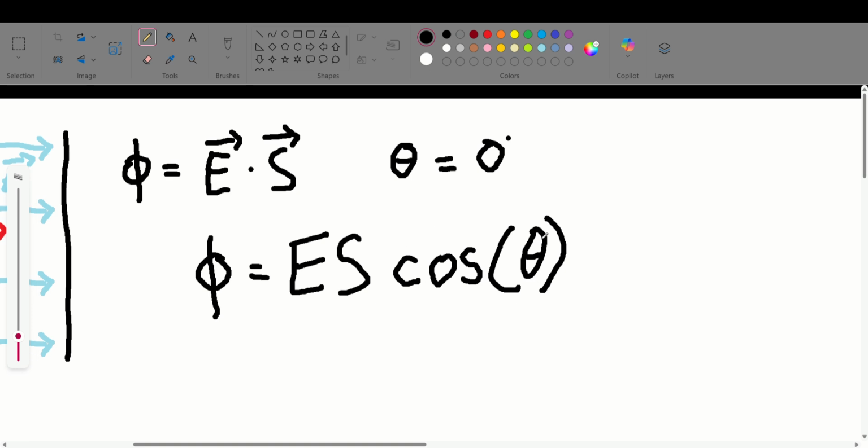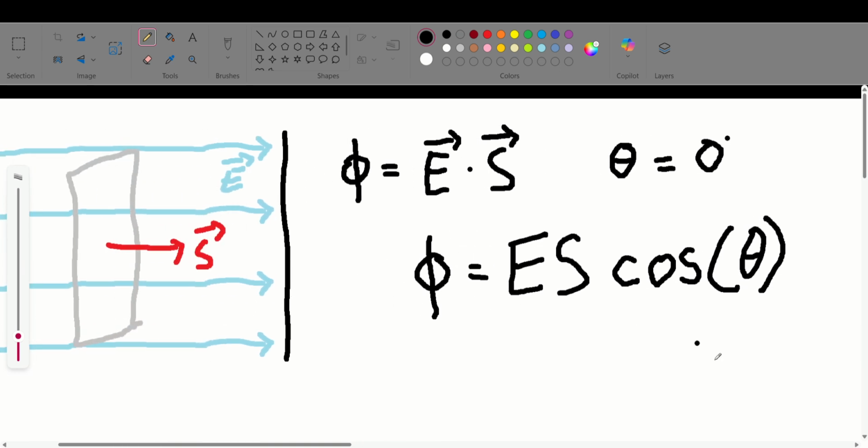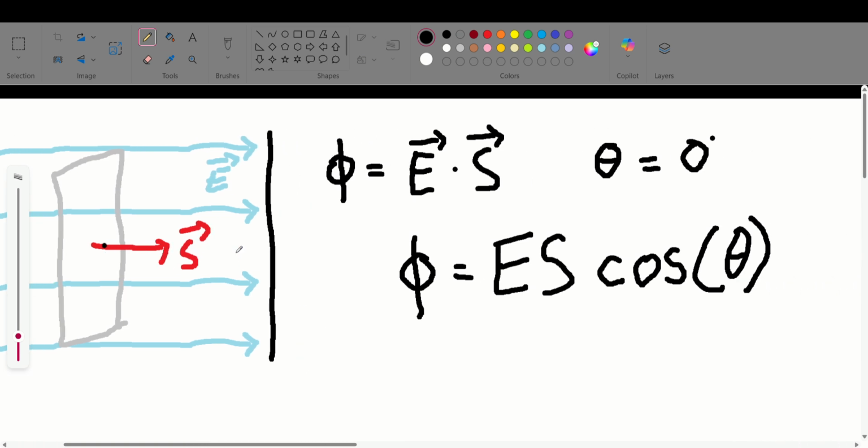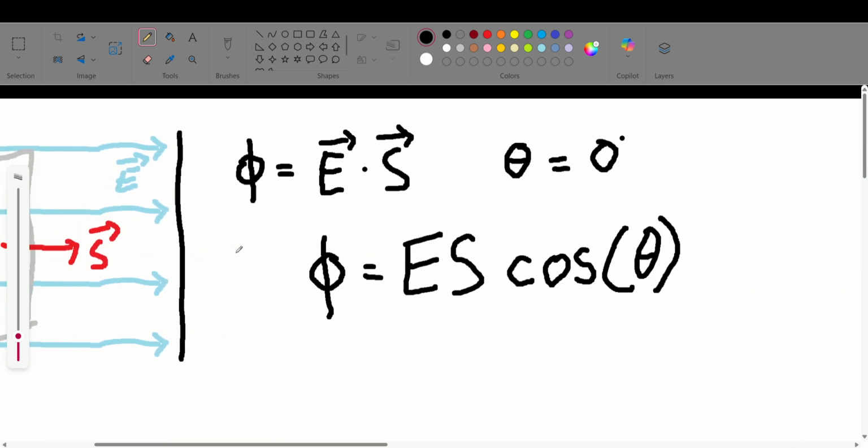Because when theta is equal to 0 degrees, cos theta is 1. And when theta is 90 degrees, cos theta is 0, which is the flux, as I showed before, when the electric field lines and the surface area vector are mutually perpendicular.